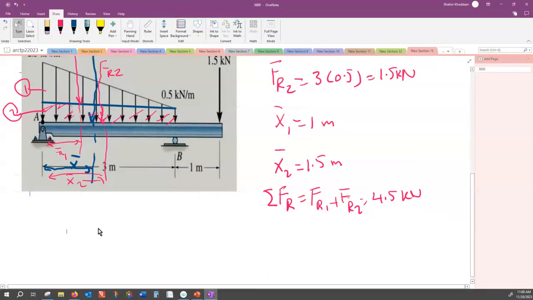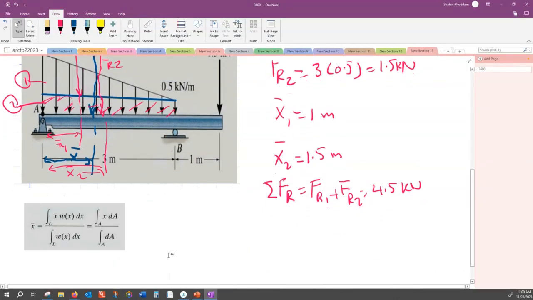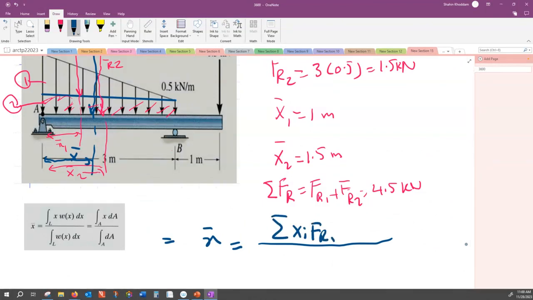So watch this carefully. That is a reinvention of the very same formula. The formula I gave you in the lectures, that is the formula. I'm going to break that into summation. We know that integral can be simplified to summation. So I simplify that X bar is equal to summation of xi Fri divided by summation of Fri.